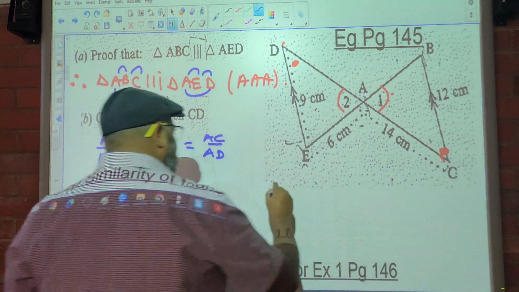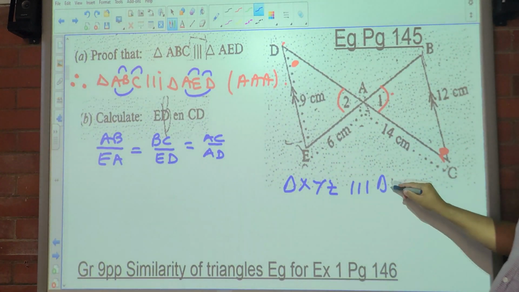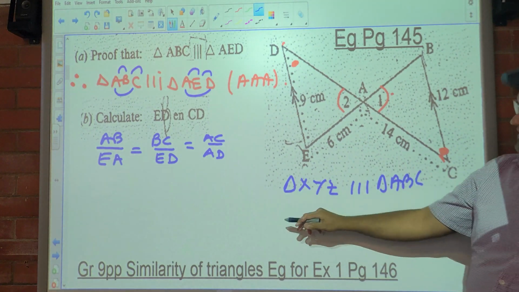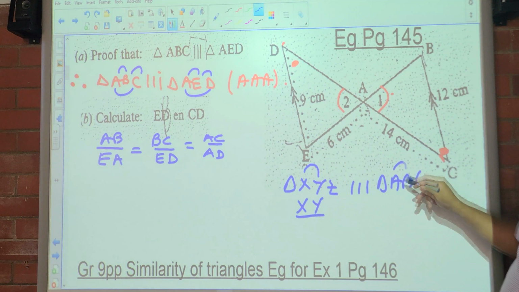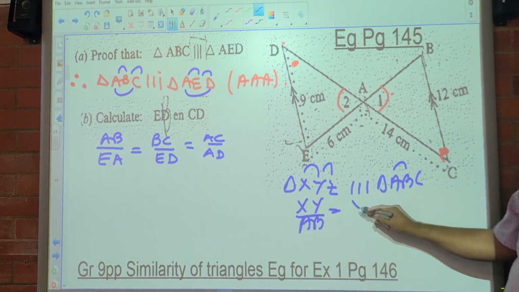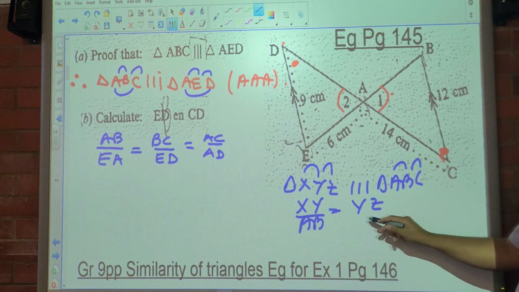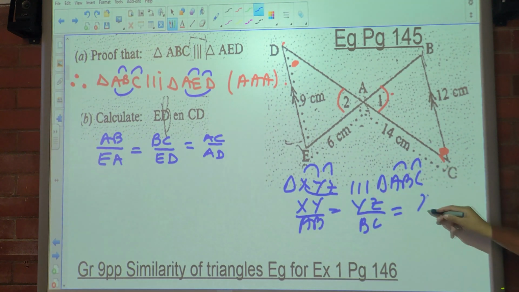What if you had triangle XYZ is similar to triangle ABC? What will this be? Everybody together now. XY over AB is equal to YZ over BC equals XZ over AC. And so on.